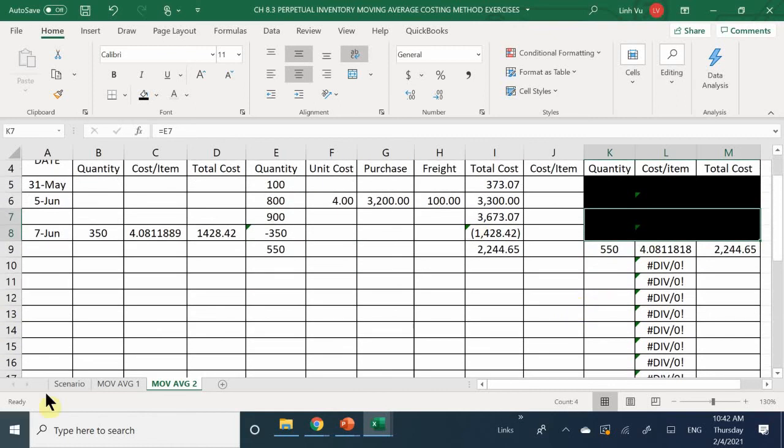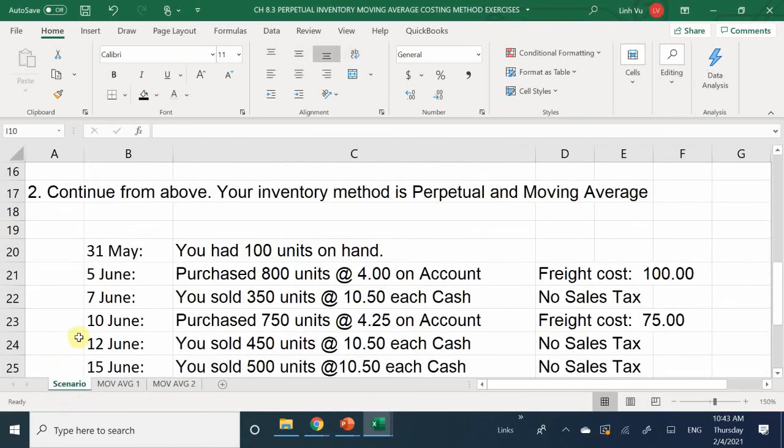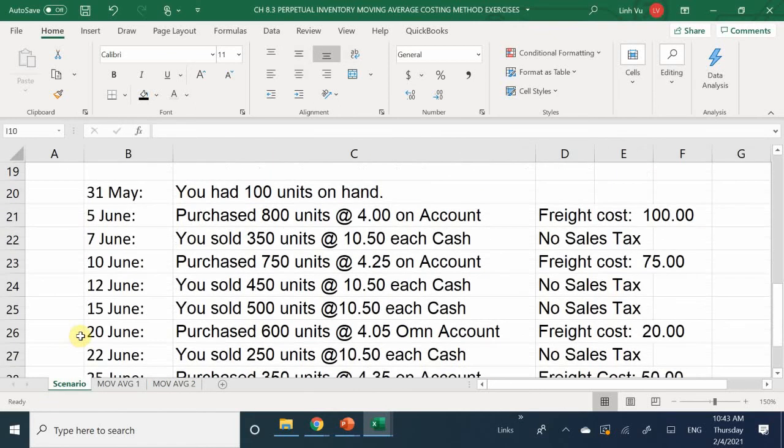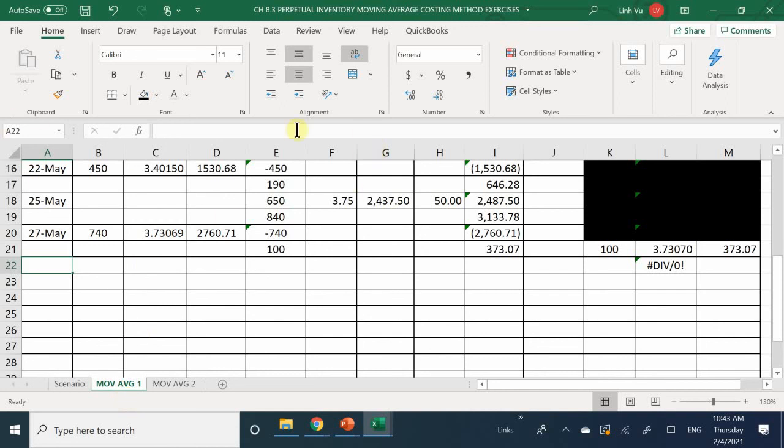All right. Let's see what has happened next on June 10. We purchased an additional 750 units at $4.25 with a freight of $75. Oh, I'm on the wrong one.